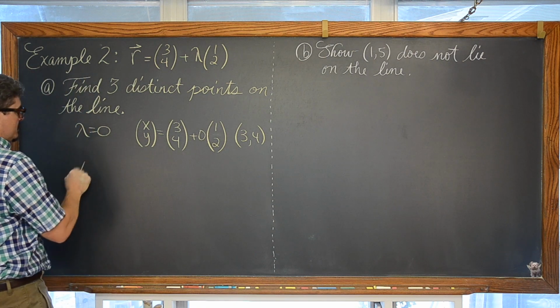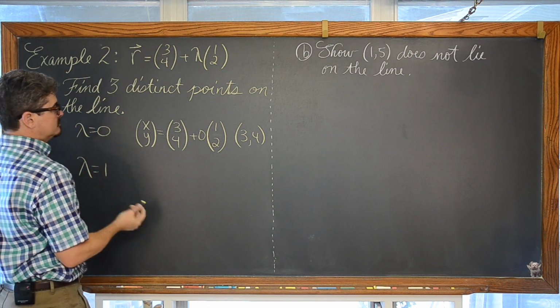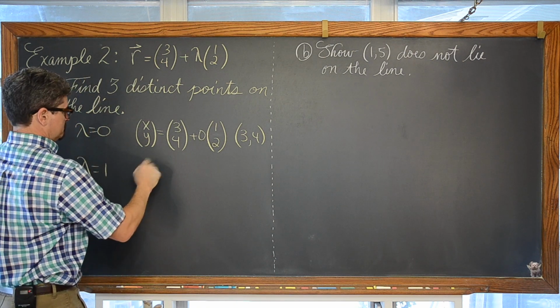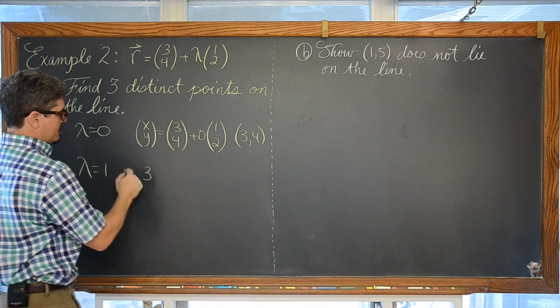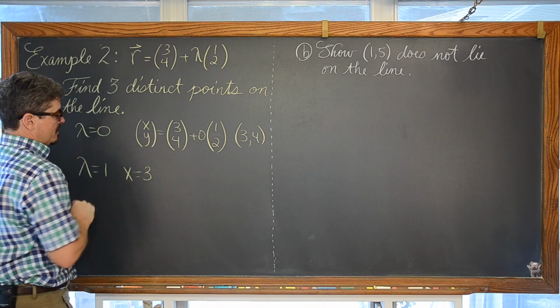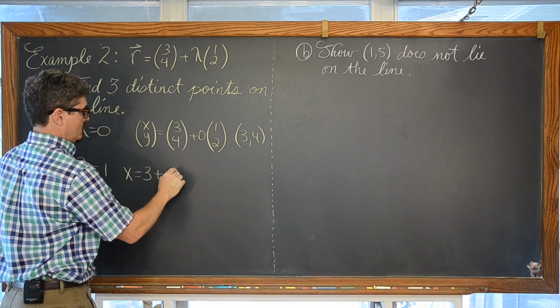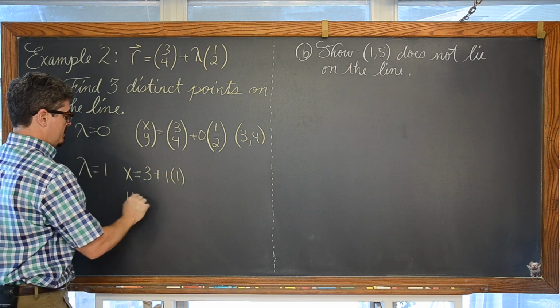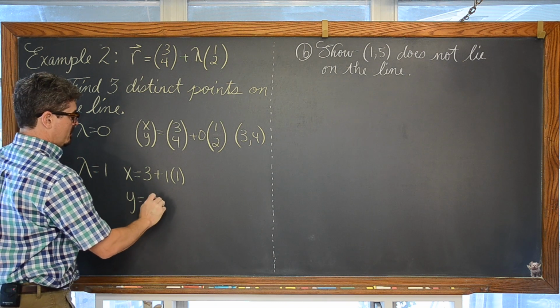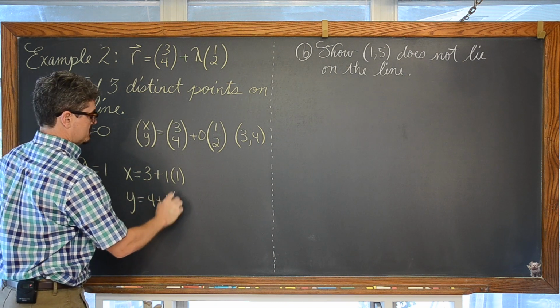And if we let lambda therefore be 1, well, actually I like it better in parametric form. x is 3 plus 1 times 1, and y is equal to 4 plus 1 times 2.